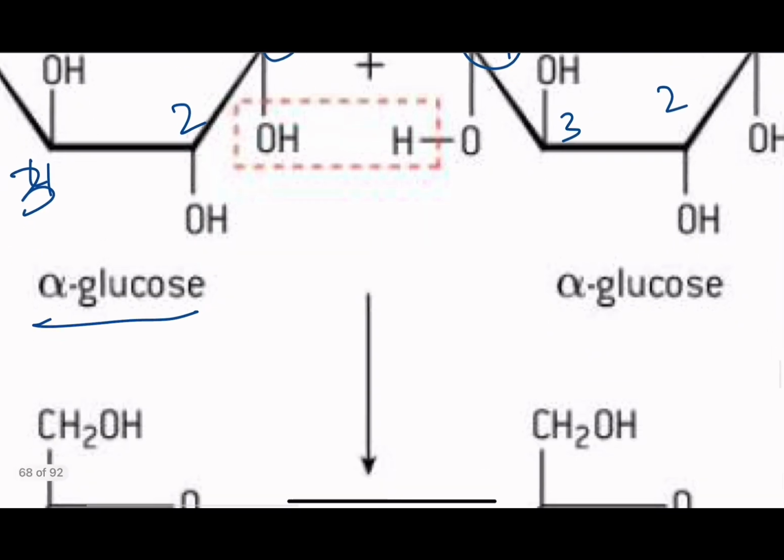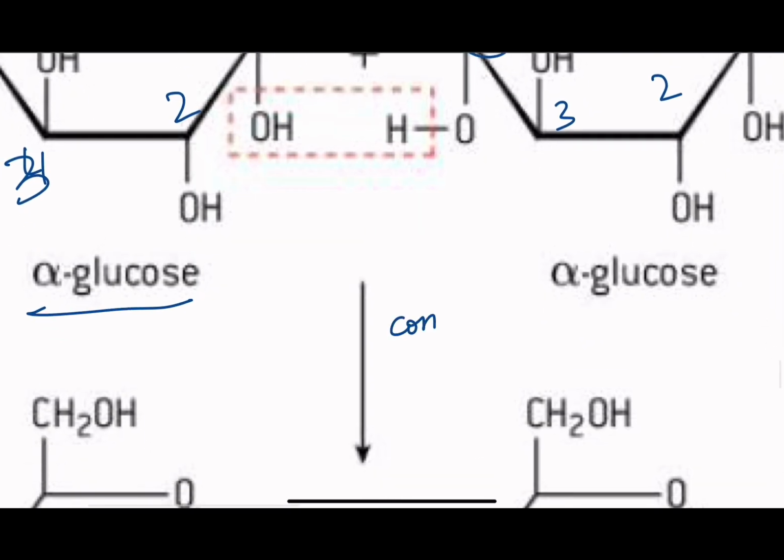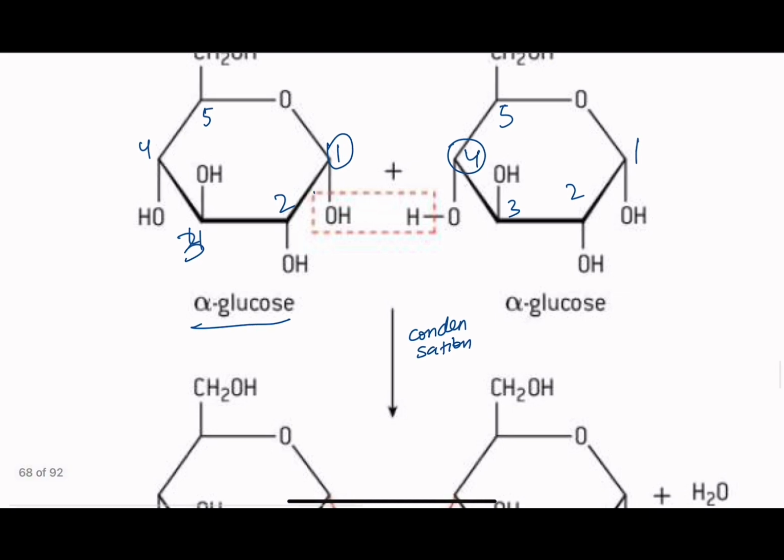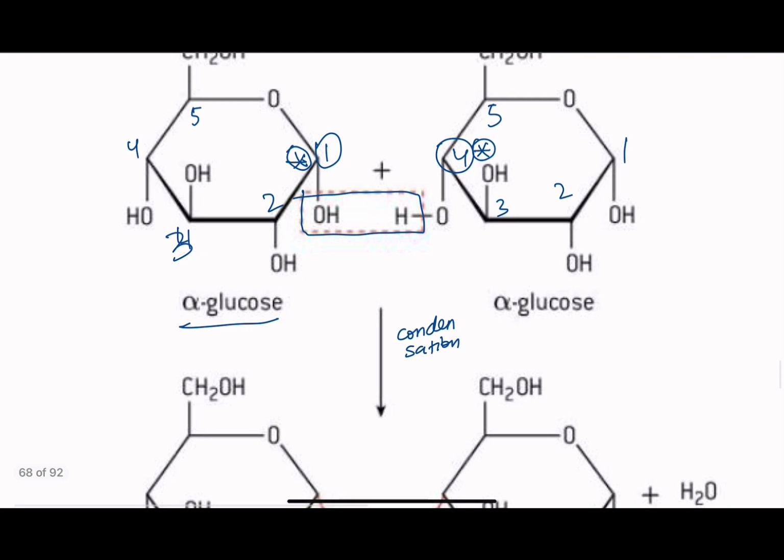Now this is again the condensation reaction, the water is coming out. You see this? But pay attention that it connects the first carbon with the fourth carbon. Okay, this is very important. You need to know this information.